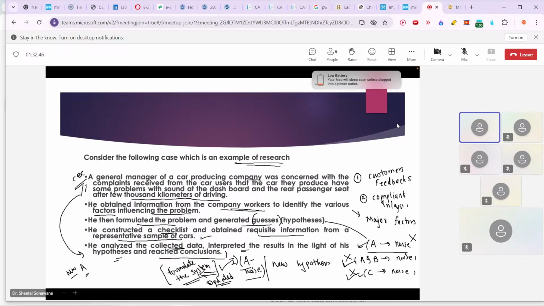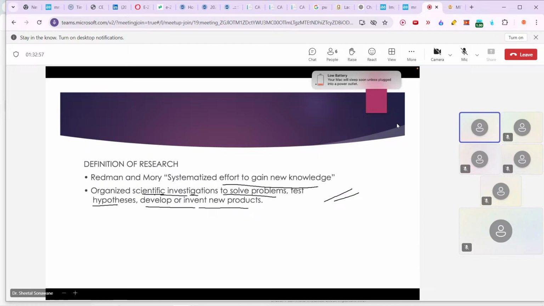The process which we have to follow by taking into consideration data, finding out a hypothesis, testing the hypothesis and reaching the conclusion. So these are the steps which we need to follow. Based on the steps, we can define research as a systemized effort to gain new knowledge.